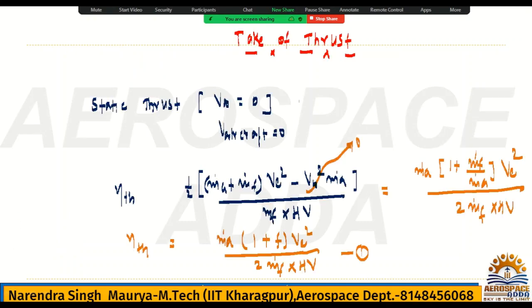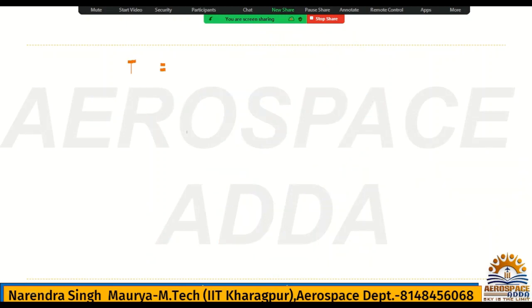First, velocity will be 0, and second, PE is equal to PA, because it is a static condition. So obviously exit pressure will be approximately atmospheric pressure, so pressure thrust already becomes 0. So what will be the formula?